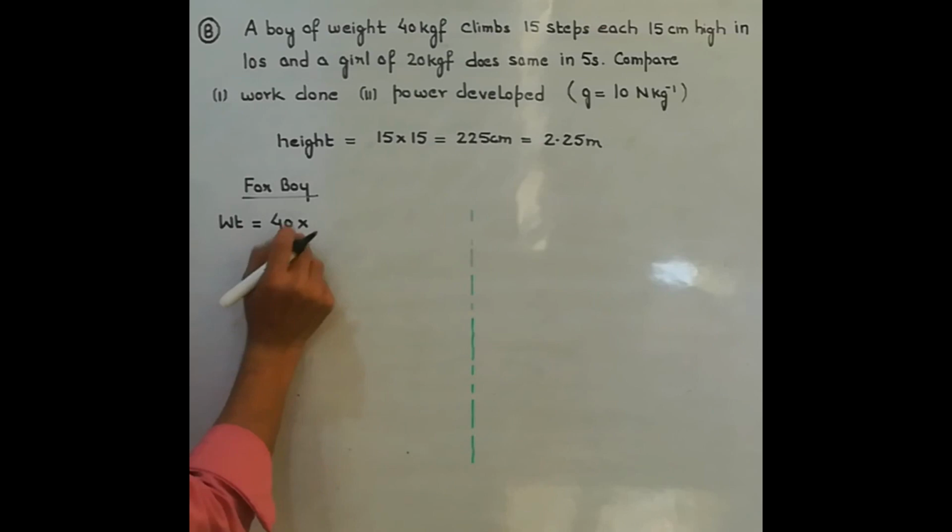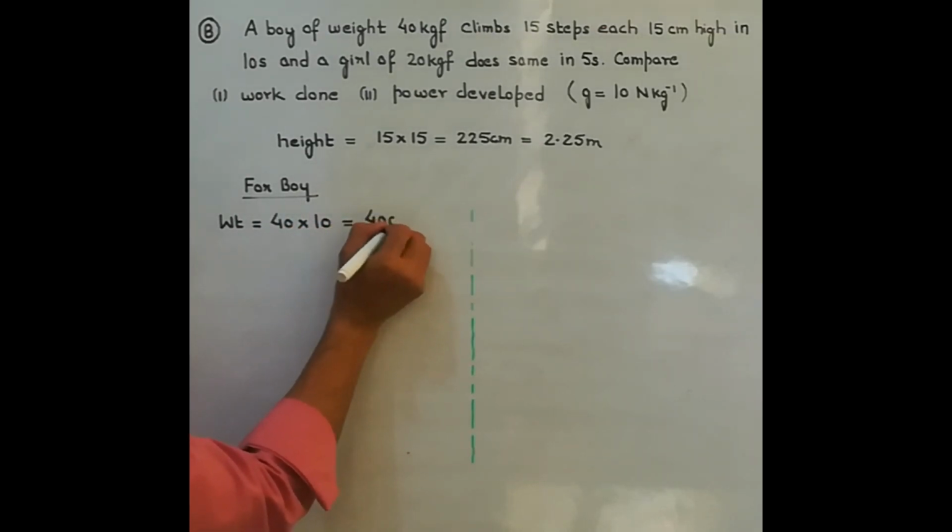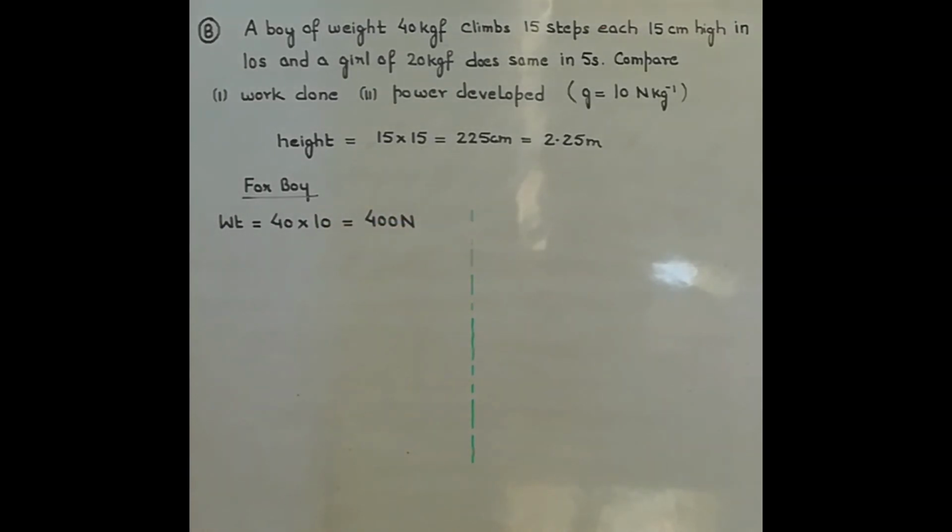So you are going to multiply it with the value of gravity and you will get his weight in Newton. So we multiplied it with the value of gravity and got the weight of the boy in absolute unit, that is 400 Newton.